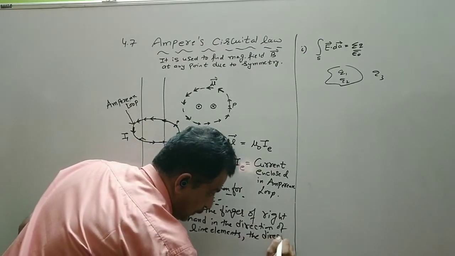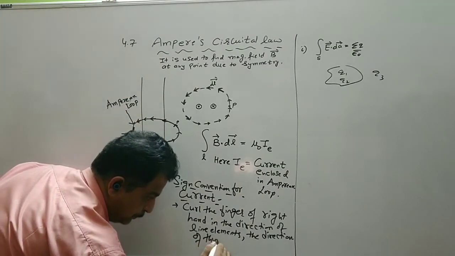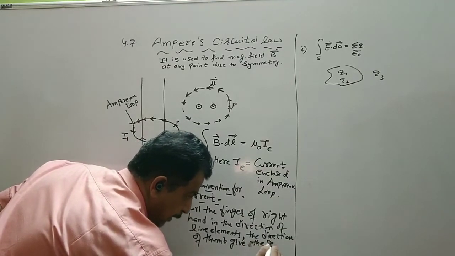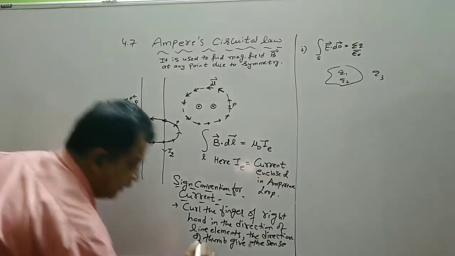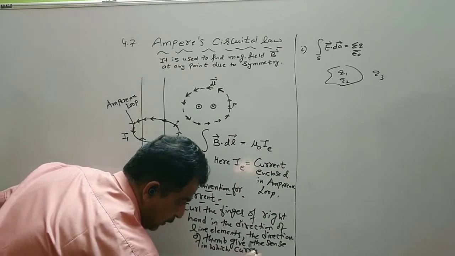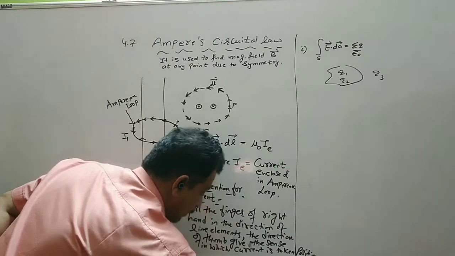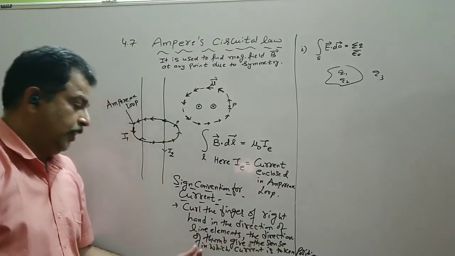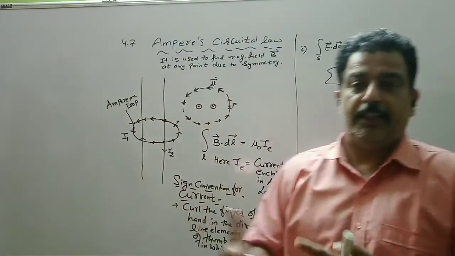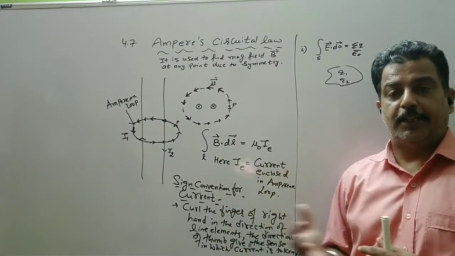The direction of the thumb gives the sense in which the current is taken positive. So in whatever direction the thumb is pointing, you take that direction of the current as positive.